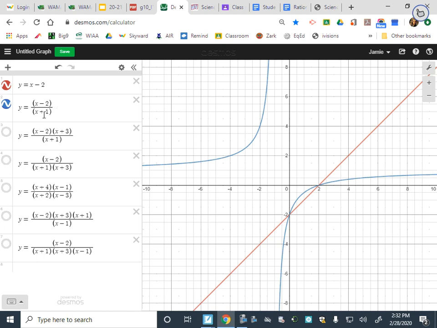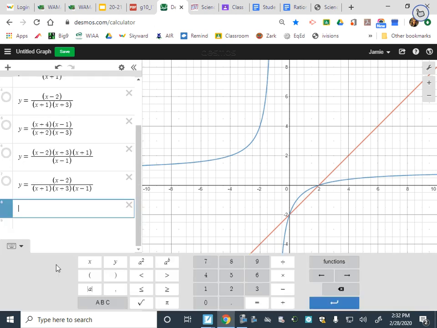And the visual representation of dividing by 0 is a vertical asymptote. We can see here that negative 1 would make me divide by 0 if I set x plus 1 equals 0. And I'm going to check that here by putting x equals negative 1, and it draws a line in there that separates those two arms of this graph, or whatever we want to call them, and verifies that's where that is.